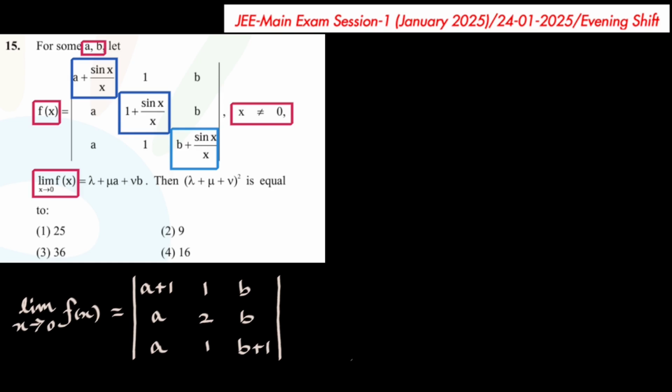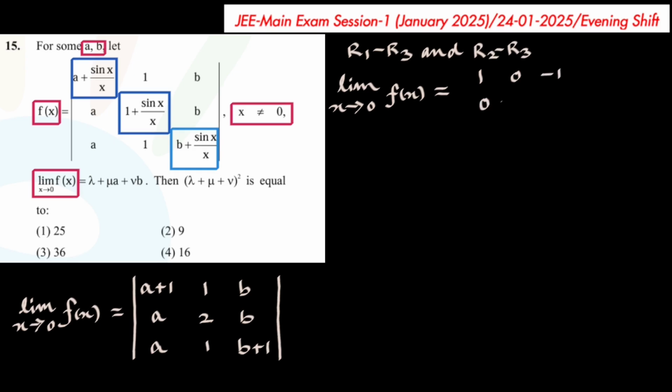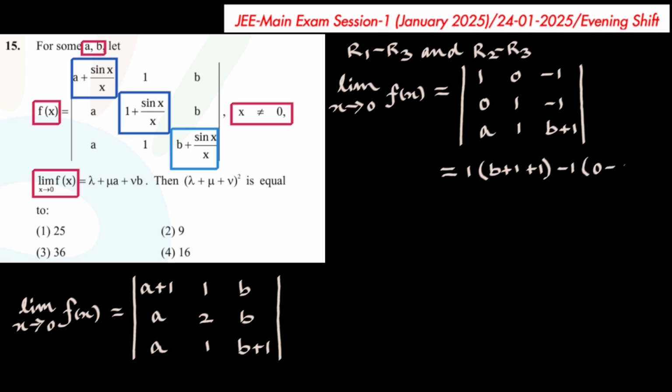We will simplify the determinant by carrying out r1 minus r3 and r2 minus r3. So the limit becomes determinant 1, 0, minus 1, 0, 1, minus 1, a, 1, b plus 1. Evaluating, 1 into (b plus 1 plus 1) minus 1 into (0 minus a). This will be a plus b plus 2.